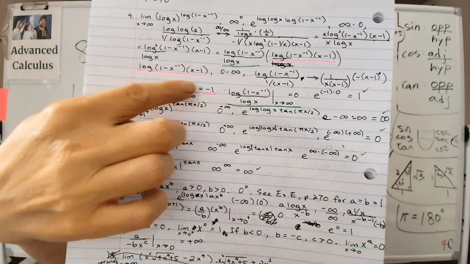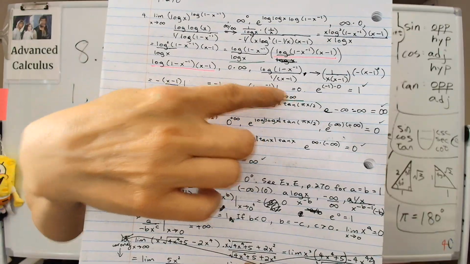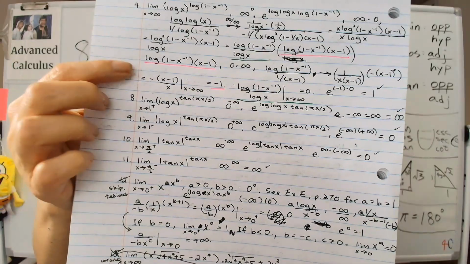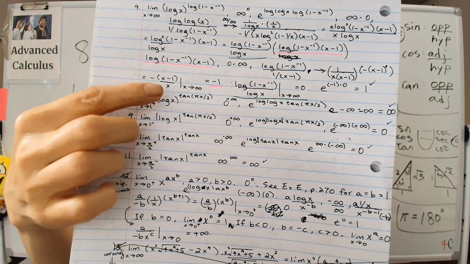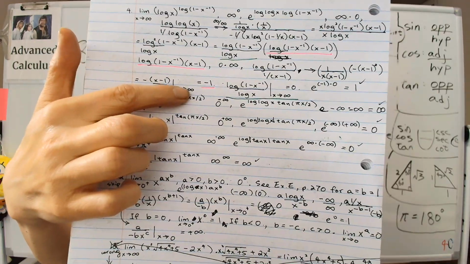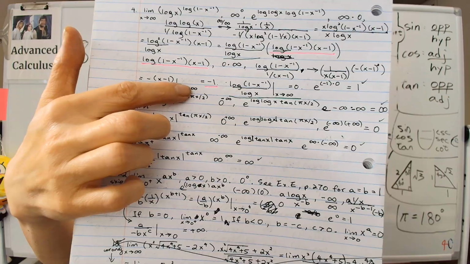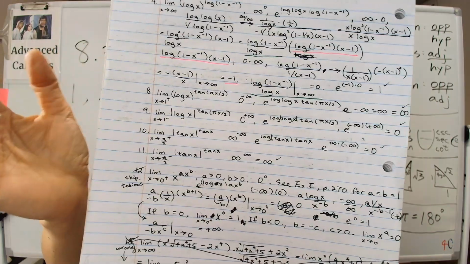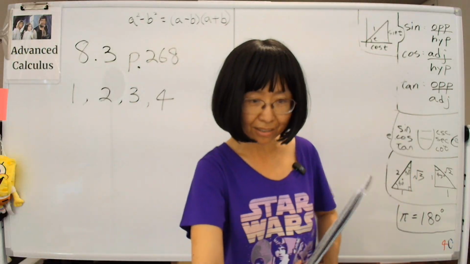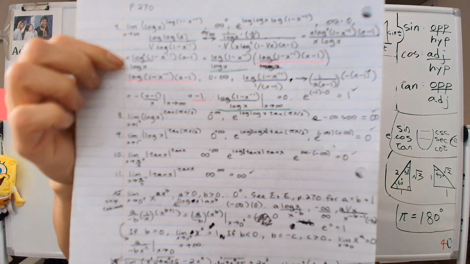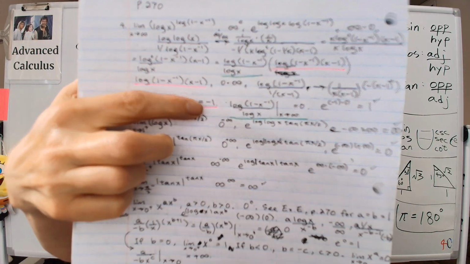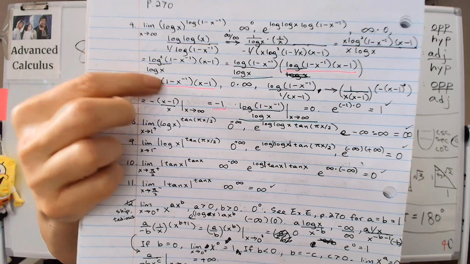After working with the pink part for a while, I figured out that it equals 1. I don't know, 1 or minus 1. Why does it say minus 1 here? Let's see, which one equals 1 and which one equals minus 1? Let me read it. It's hard for me to read it on the computer screen. Oh, I got it. The pink part eventually becomes minus 1, and that's not as hard to do because you have less stuff.